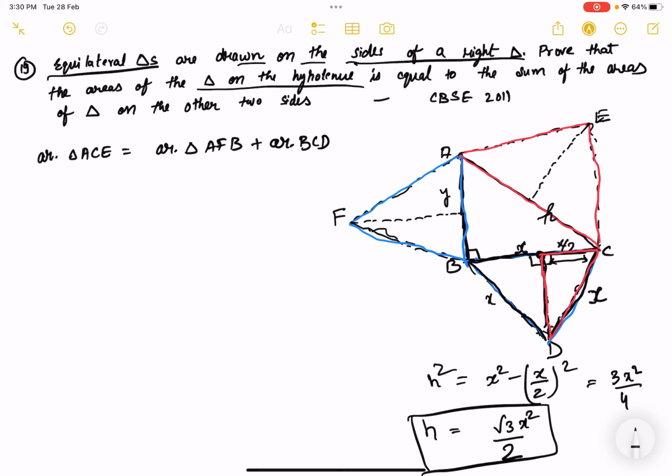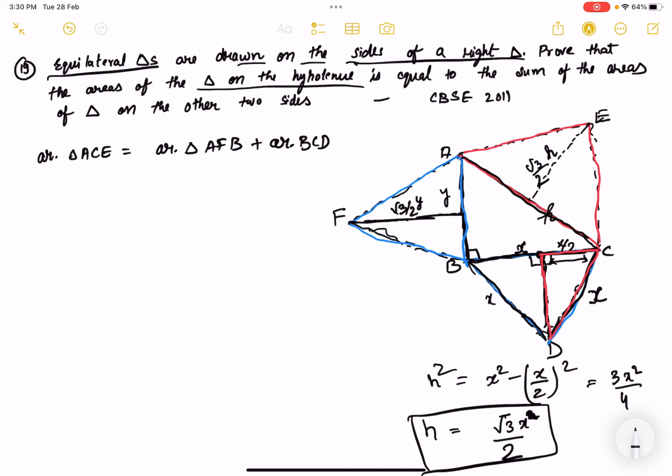Similarly, this height will be root 3 by 2 y. And similarly, this will be root 3 by 2 h. Here the side length is h.